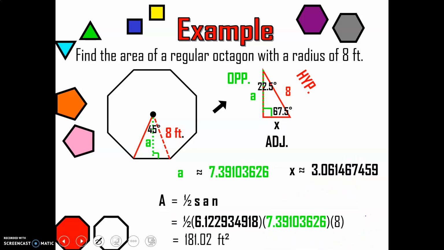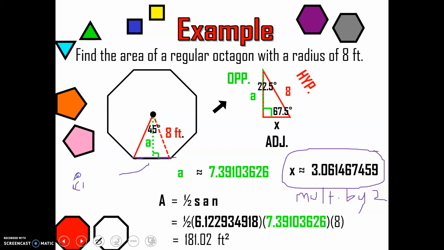On this slide, we're going to take this value, which again is just half of the side, and we're going to need to multiply it by 2. Multiply by 2, and that's going to give us roughly 6.122, and that's the length of our side.